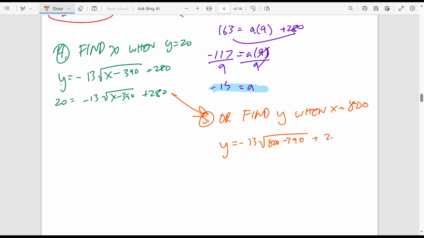But that is only going to be easy to do if what you square root is actually a pretty number. So that's why that's going to be ugly. Either one will work. I'll show you both. Square root of 410, plus 280.